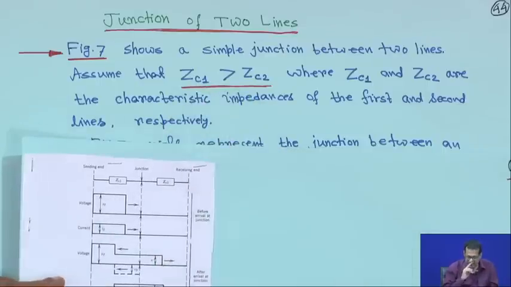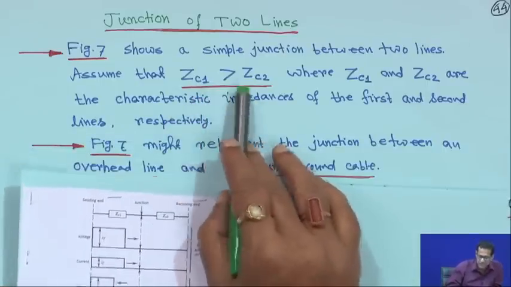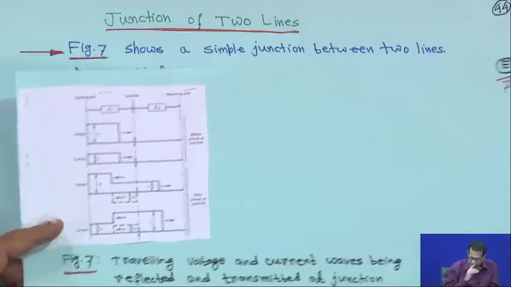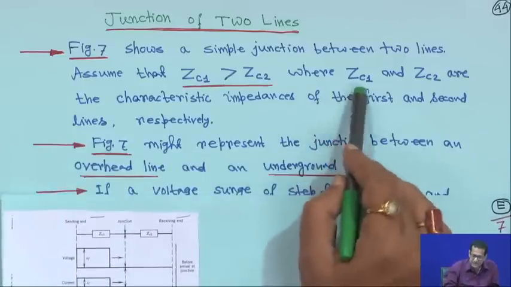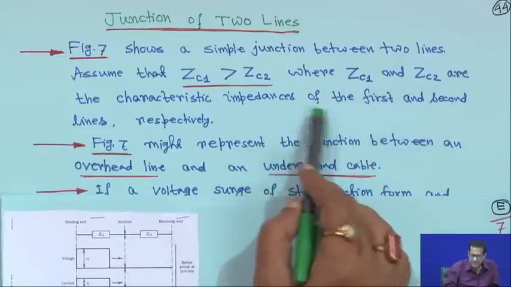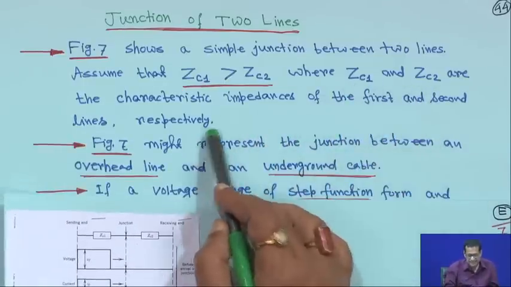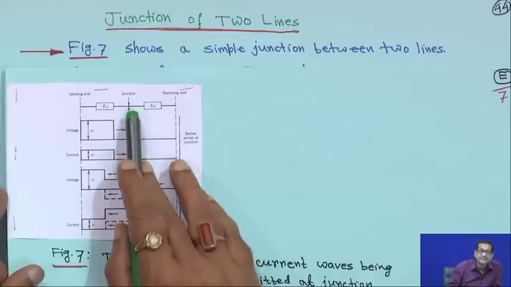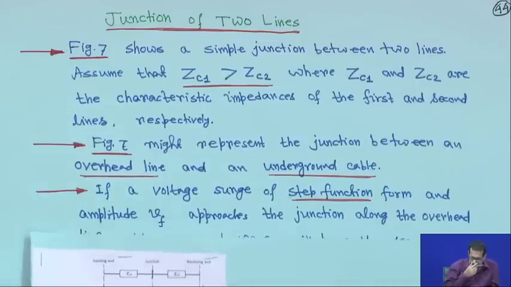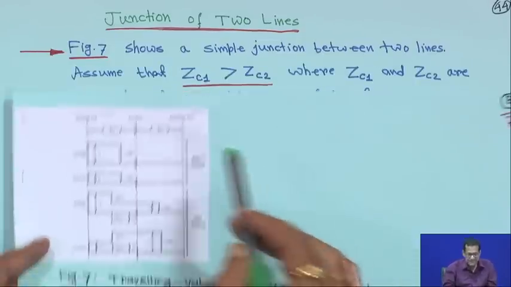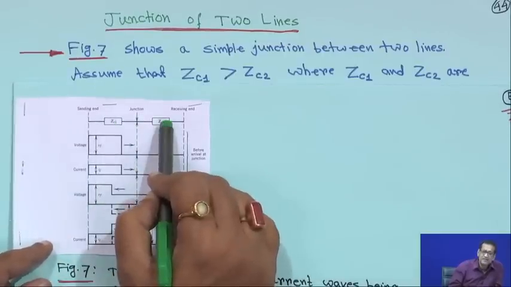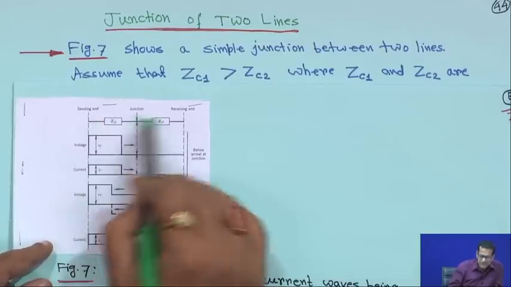There may be two conditions. One is, first you have to assume that ZC1 is greater than ZC2, right, where ZC1 and ZC2 are the characteristic impedances of the first and the second line respectively. This is our first line, this is our second line, and here they are connected, right. So, in figure 7, this side may be cable and this side may be overhead line, or this side may be overhead line and this side may be cable.